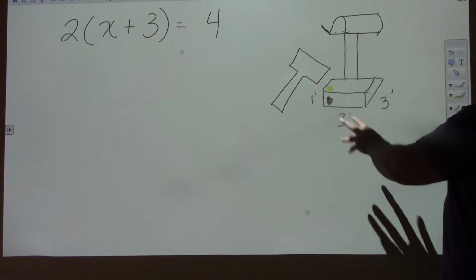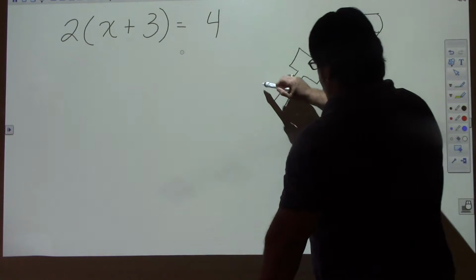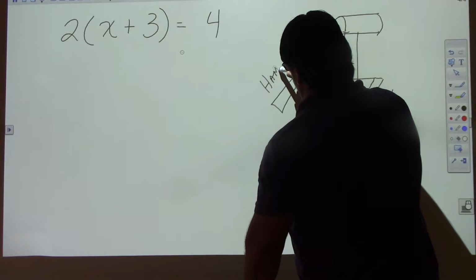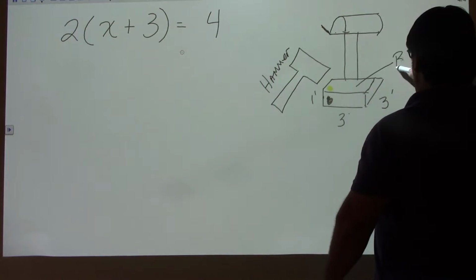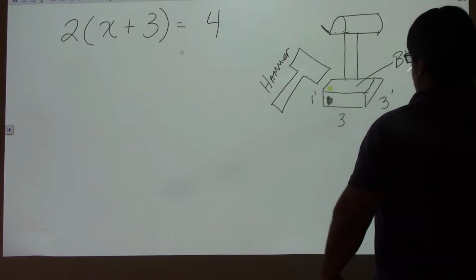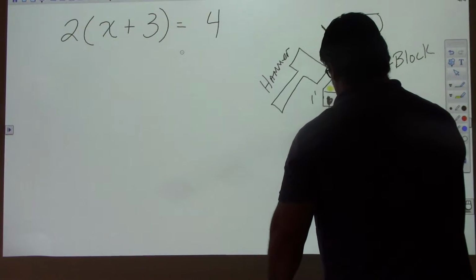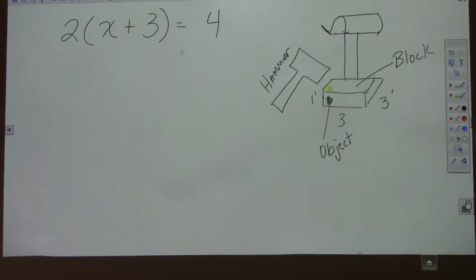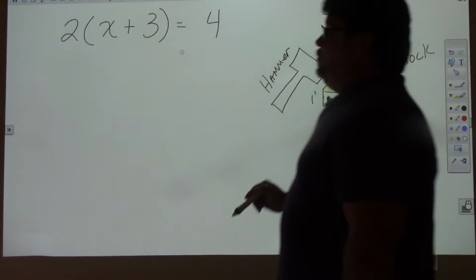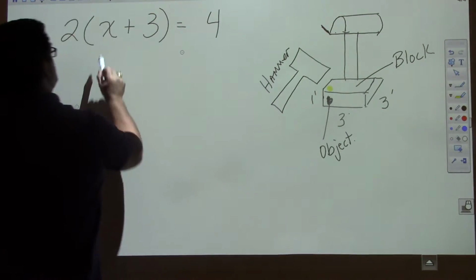So you got 3 things here. You've got a hammer, which is your tool, and you've got your block of concrete, and you've got your objective. Right? Your objective is to get the ring out. Where's your objective? The X is your objective.